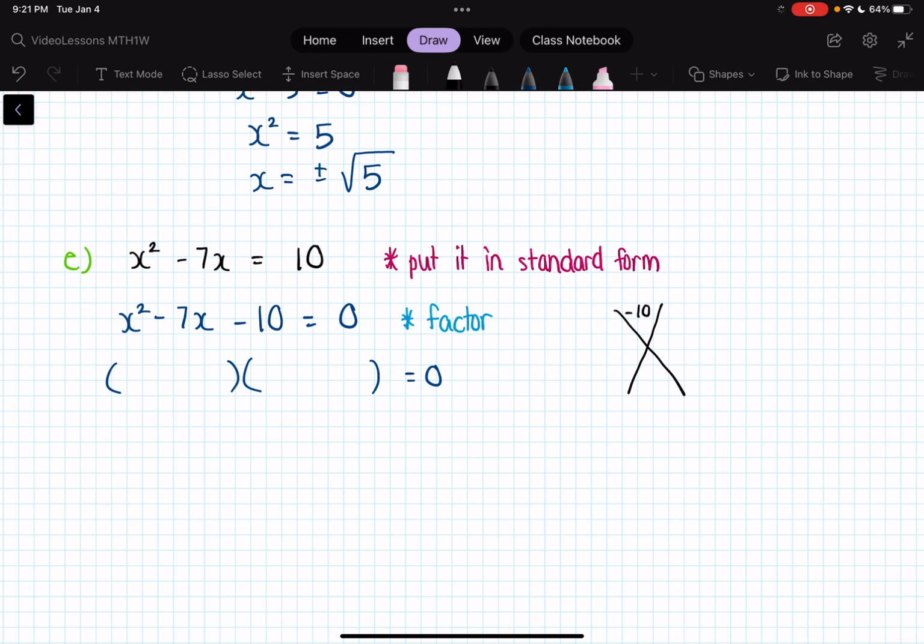So there's AC, there's B. So 2 numbers that multiply. Oops, I missed something out here. That's supposed to be a negative 10, which makes that positive. So 2 numbers, I'm just going to redraw this.